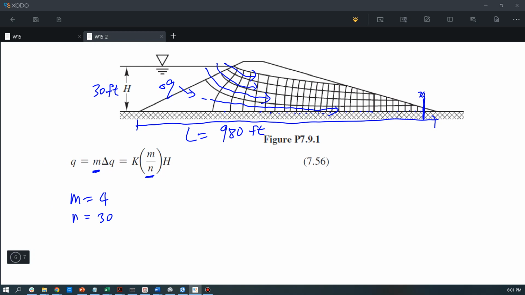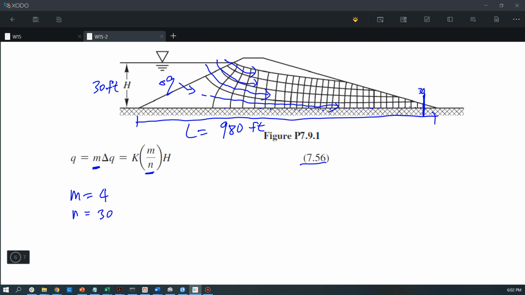Okay. So we can apply the equation shown on the screen here, the equation 7.56, to estimate the total flow over this flow rate.